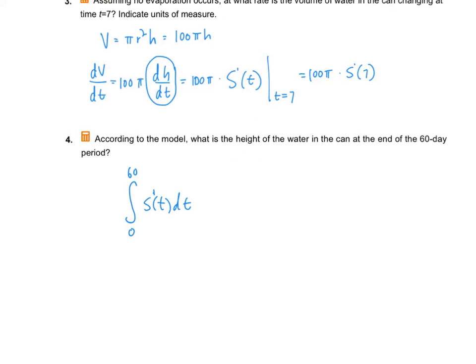If we want to know what the height is, we want to know how much it changed. And then we can add it to the initial height, but this initial height is 0 since it starts out empty. So whatever this ends up being would just be the answer. And if you do it in a calculator, it ends up being 602.218 cubic millimeters per day.